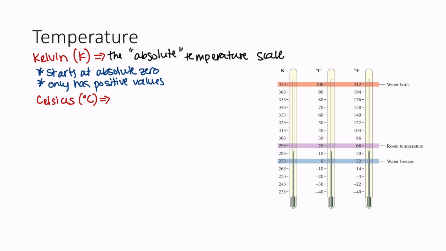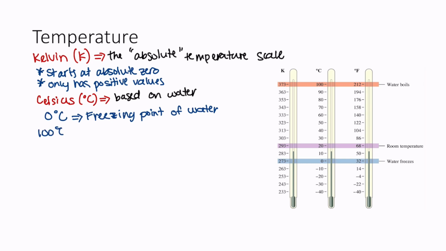And the Celsius scale is based on water. So 0 degrees Celsius is the freezing point of water, and 100 degrees Celsius is the boiling point of water.